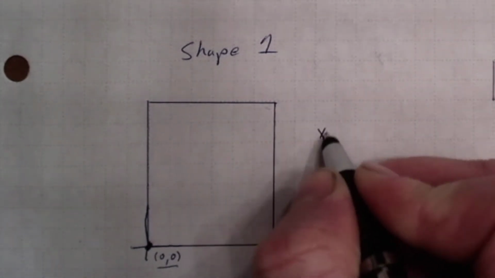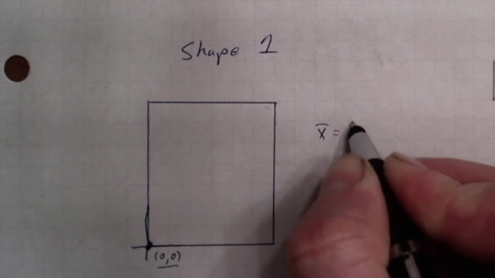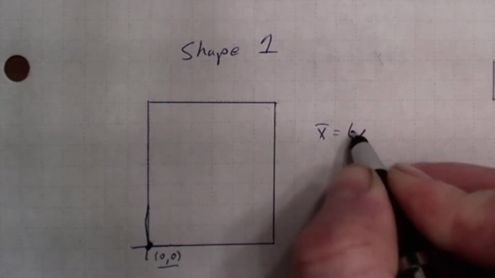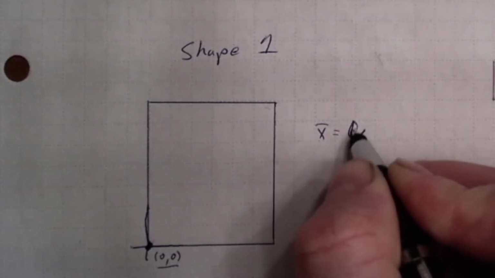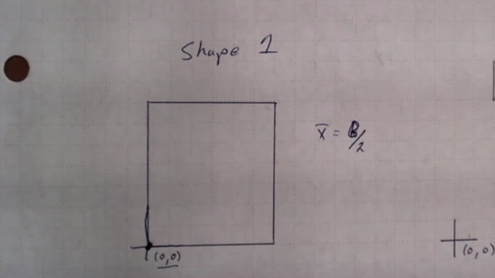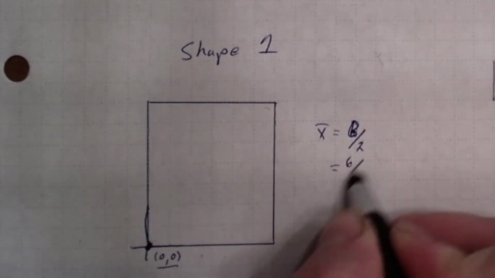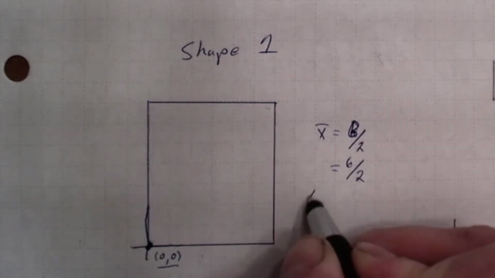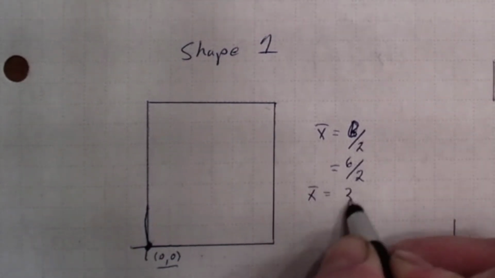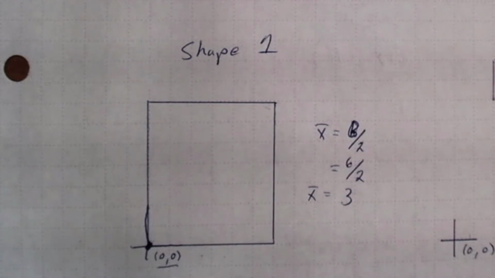So x bar equals base divided by 2, capital B, because I know my B's look like 6's. The base is 6 blocks wide, so x bar equals 6 divided by 2, so x bar equals 3. Now we do the same thing with y bar.